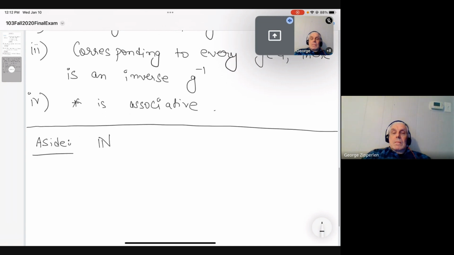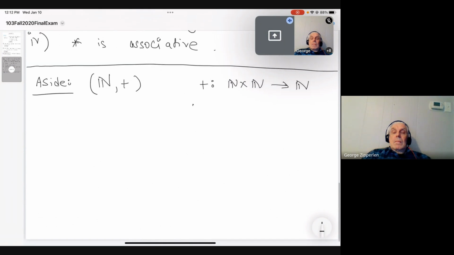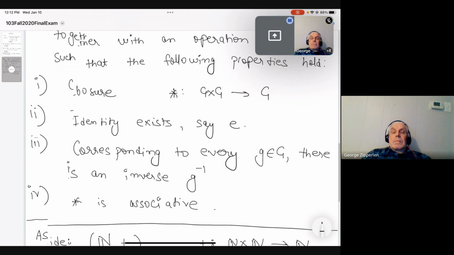Let's stick with addition. So I take two natural numbers and you add them and you get another natural number, right? So this operation is also well defined on it. And obviously this addition is associative, because when you're adding positive numbers, the order of addition doesn't really matter. So what do we lack in this set?